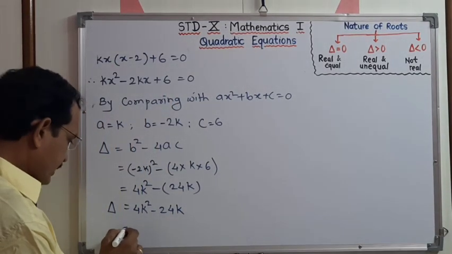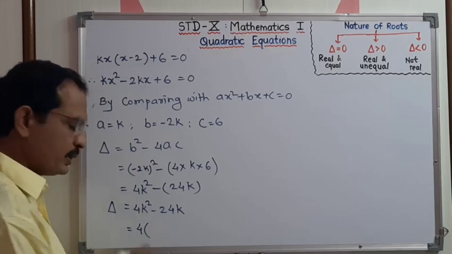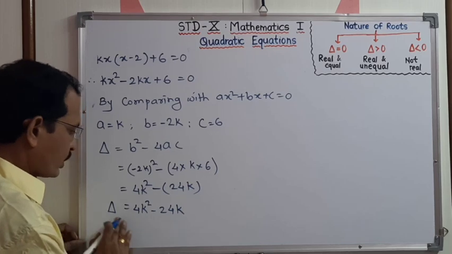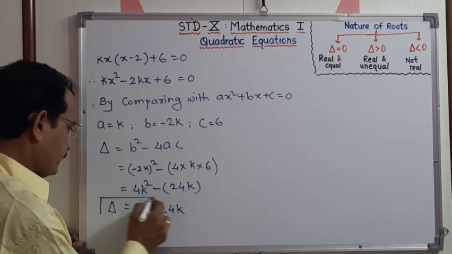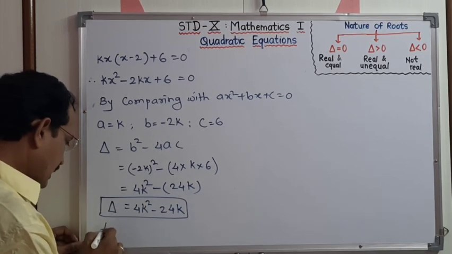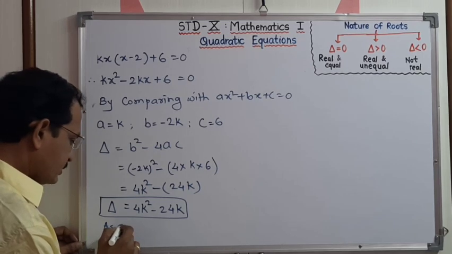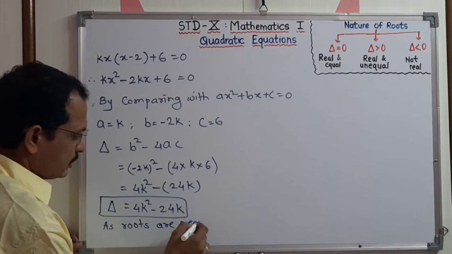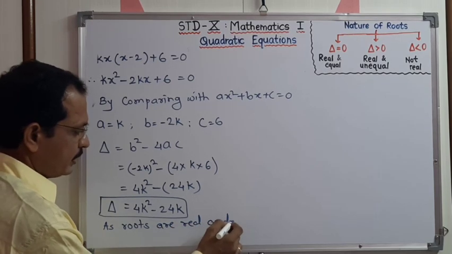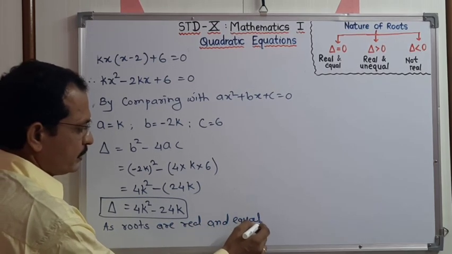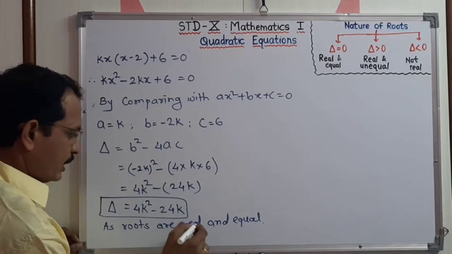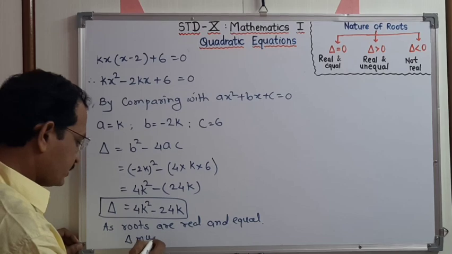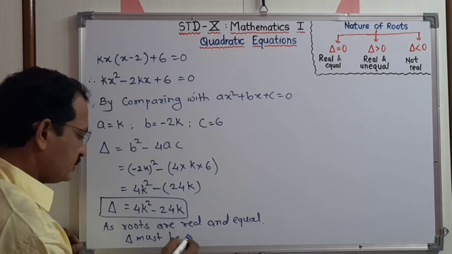We can take 4 as a common, or we can leave it as it is. This is the value of delta. As we know, as roots are real and equal, real and equal, delta must be 0.